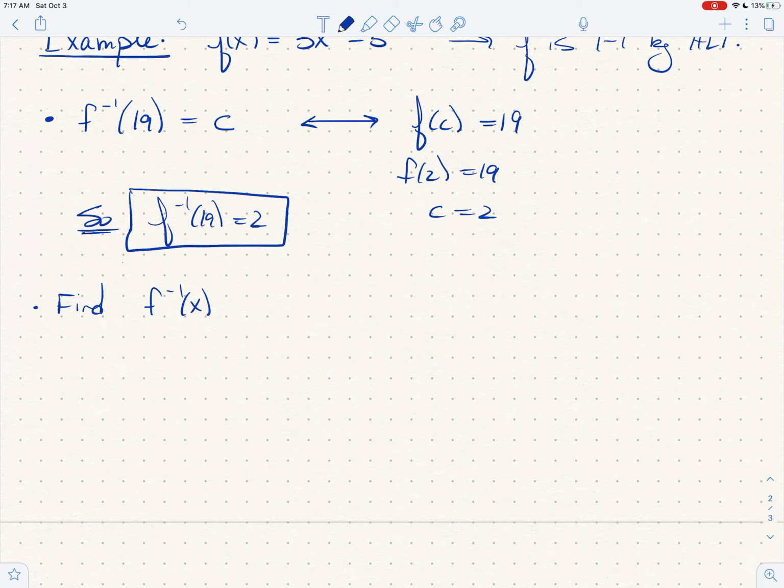Well, here's my little advice for you, which I'll put in a different color: 1, you want to reverse the roles of x and y, and 2, you want to solve for y. All right, so what am I talking about?